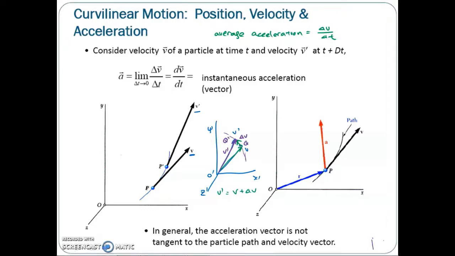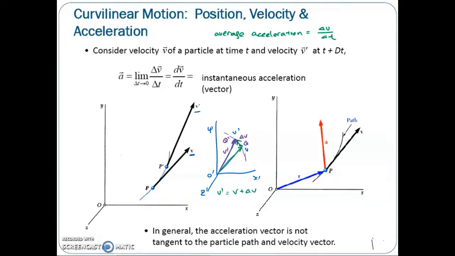Similarly, like what we have observed in velocity just now, the instantaneous acceleration of the particle at time t is obtained by choosing smaller and smaller values of delta t and delta v.